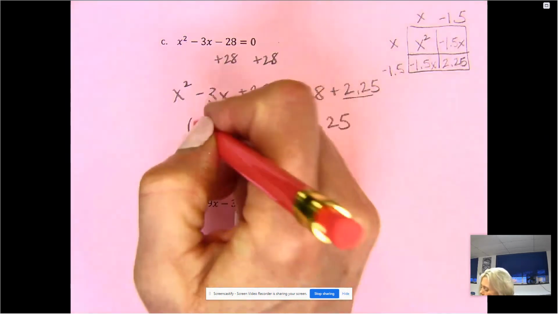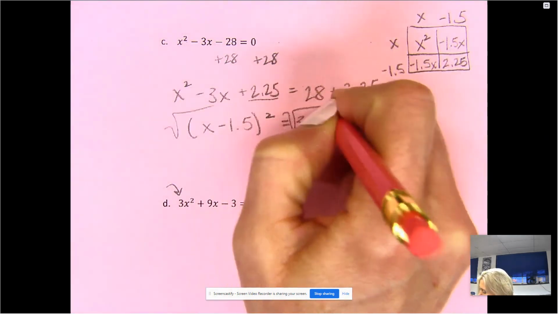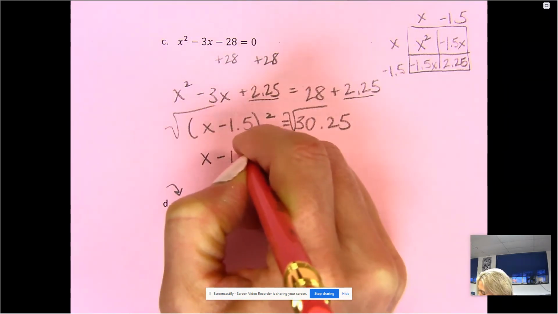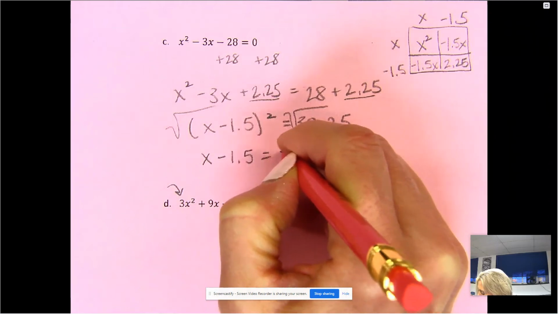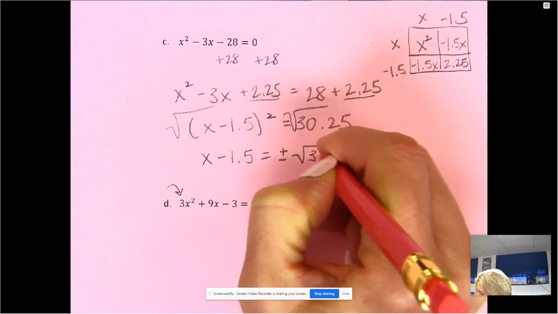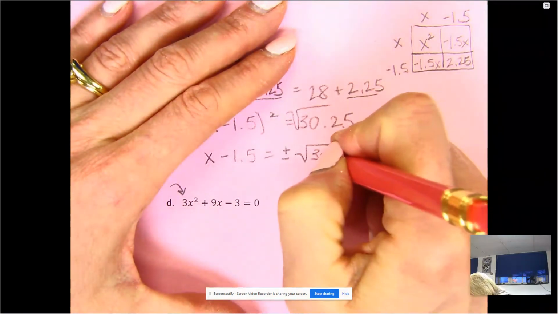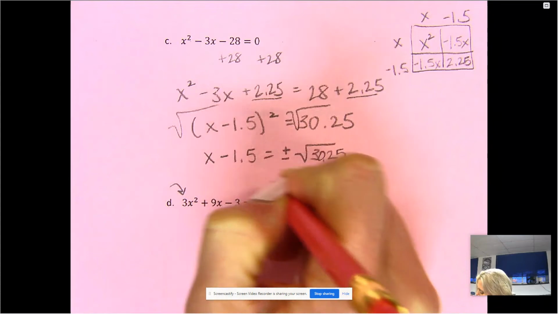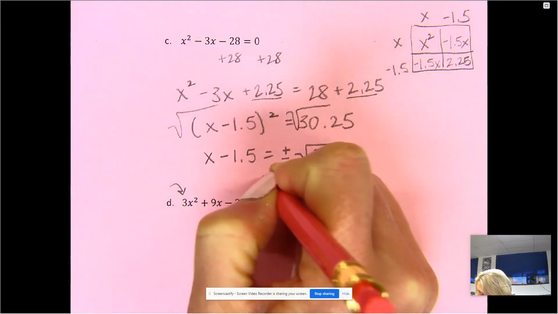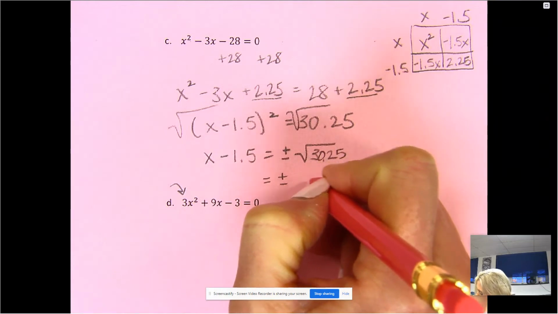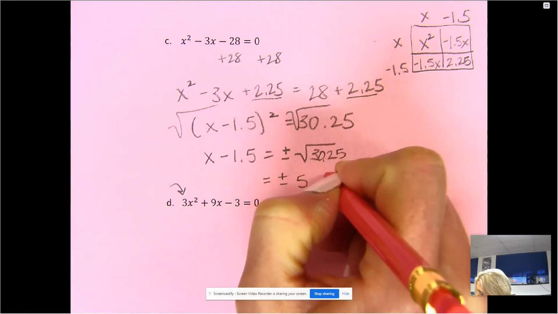So when I square root both sides here, I get x minus 1.5 equals the positive or negative square root of 30.25. Oopsies, missed the 0, 30.25. And that is equal to positive or negative 5.5, as I showed you on the calculator.